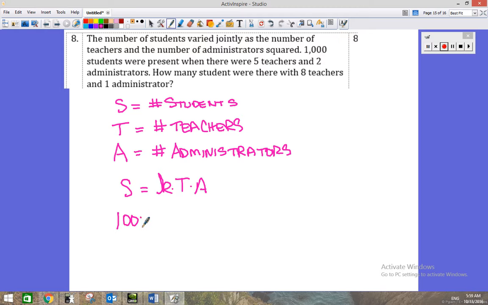1,000 students, five teachers, 2 administrators. K would be 100.